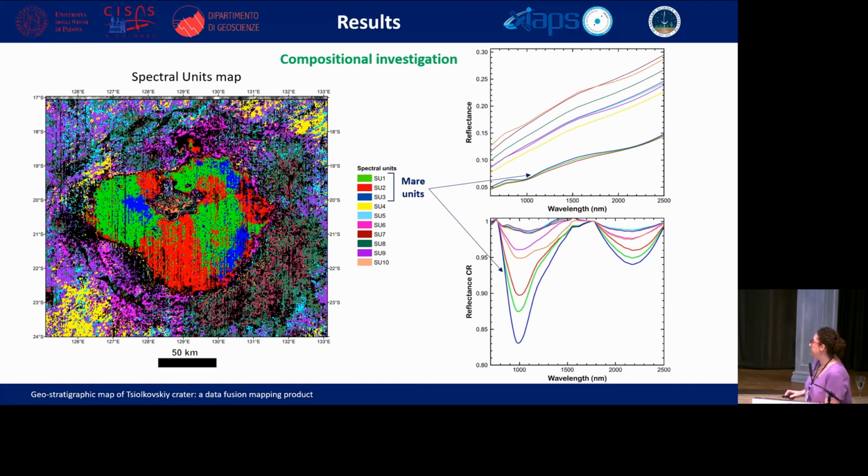In particular, unit 6 is characterized by an intermediate reflectance spectrum, indicating the contribution of iron-bearing mineralogical phases, while unit 10 is characterized by a higher reflectance spectrum, indicating a significant contribution of plagioclase, as also suggested by an absorption at 1.3 micron. All remaining spectral units present fainter absorptions and intermediate to high reflectance values.